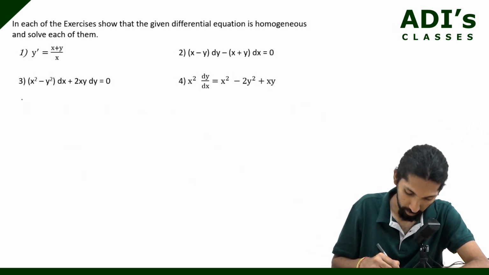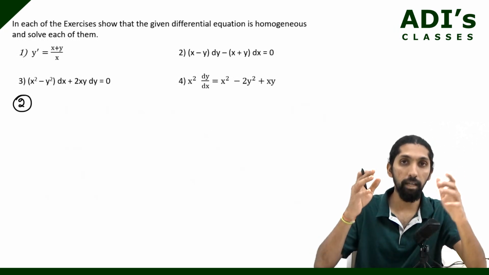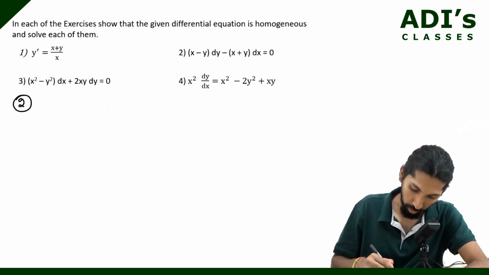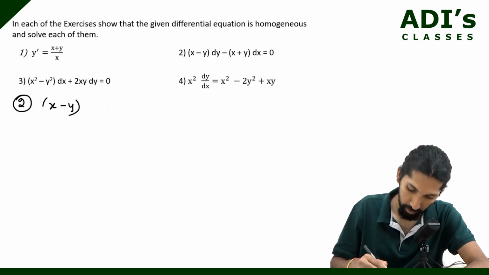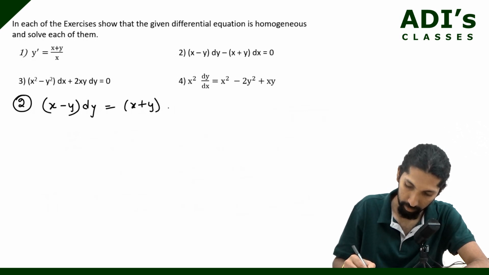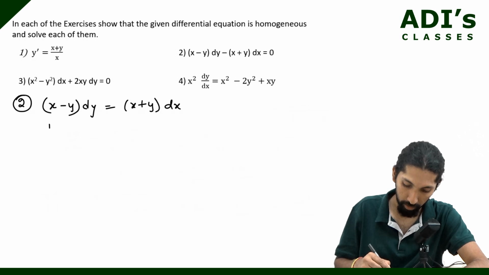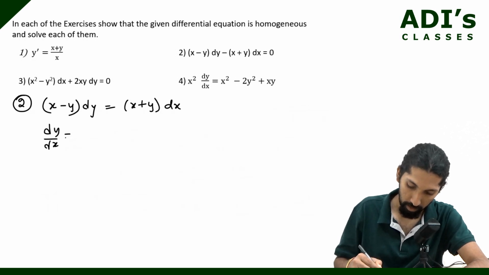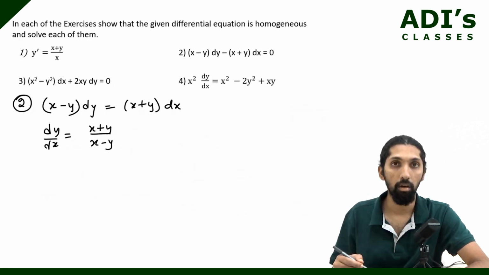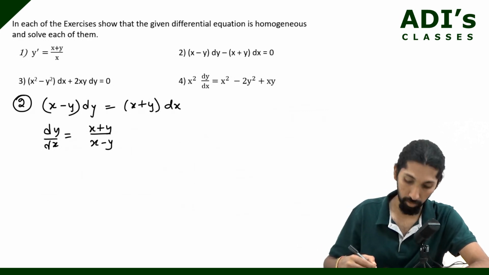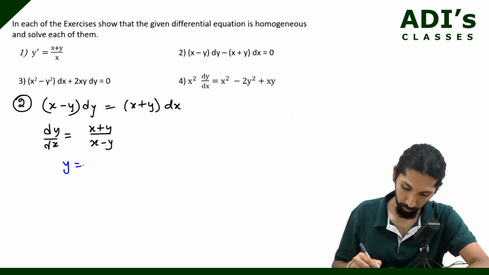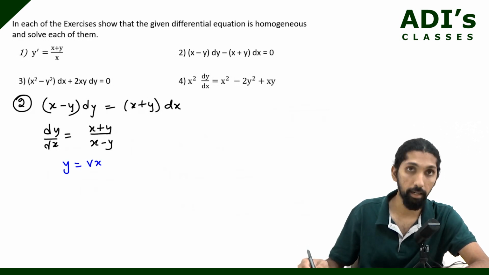What we have is, take the dx on the other side. So you're going to have x minus y dy is equal to x plus y into dx. So dy by dx is x plus y divided by x minus y. Now what do we do in the solving part? We are going to take y is equal to vx, right?